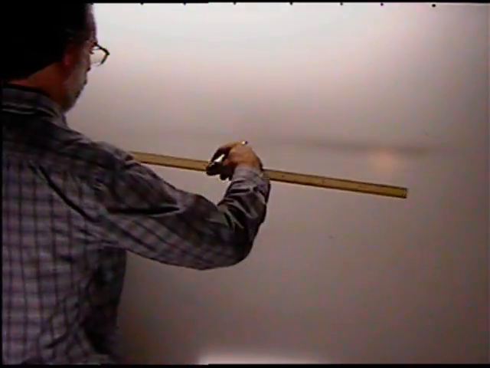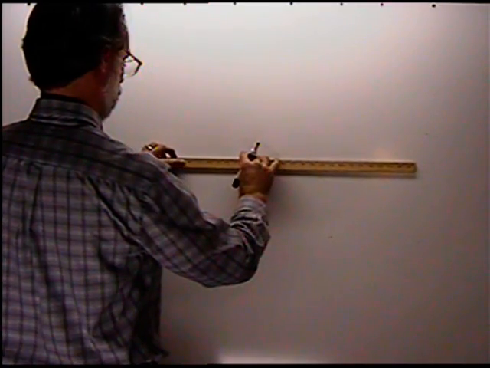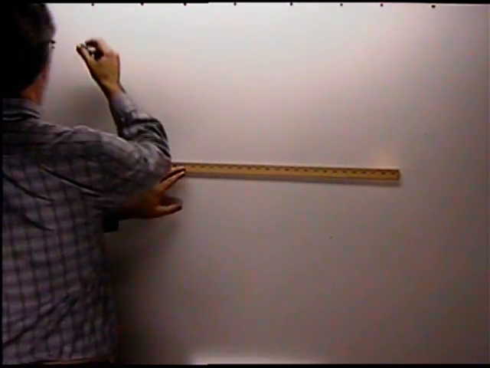Okay, in this case, we have a convex mirror. The radius is 6 centimeters, and the object is 5 centimeters away. So the radius is 6, we're 5. Okay. This is number 3.